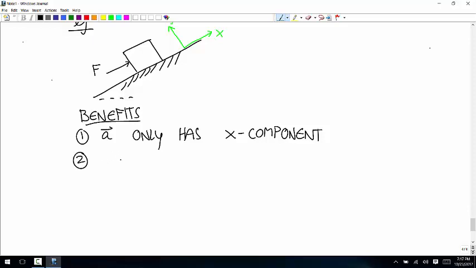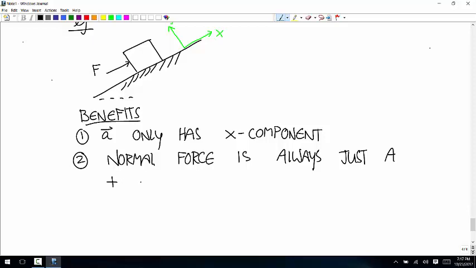Second, the normal force is always just a positive y component. And then third, the force of friction only has an x component.